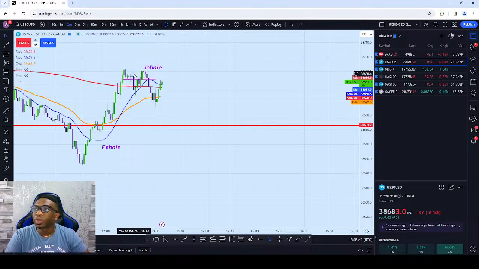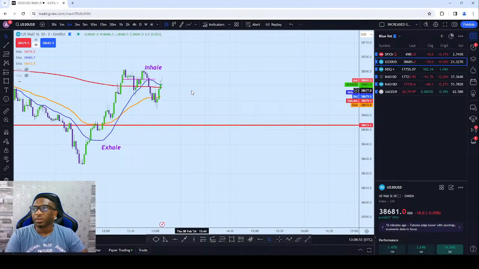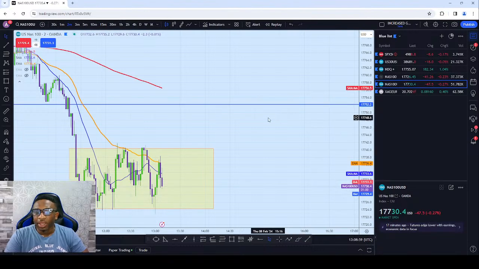So if it breaks above here, it will be a good idea. Let's look at NAS. Yeah, so NAS is still in the box, playing up and down in the box.